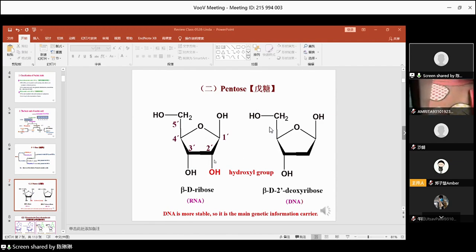So the extra hydroxyl group in RNA can be easily oxidized by other chemicals. So this is why DNA is more stable than RNA. So this is the most important difference between DNA and RNA.